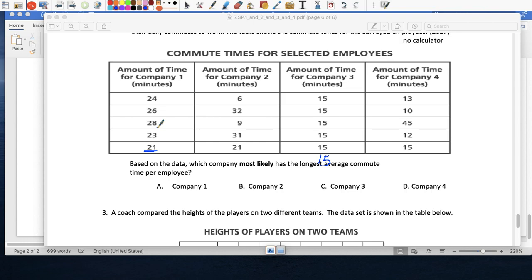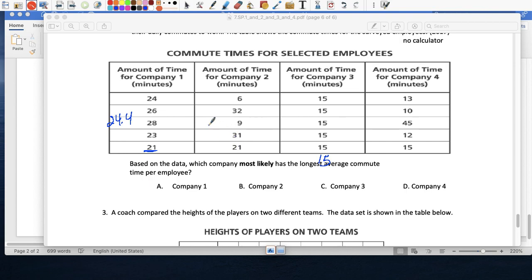Well, let's just add them, right? 24 plus 26 plus 28 plus 23 plus 21, enter, divided by 5. This is around 24.4. Next one, 6 plus 32 plus 9 plus 31 plus 21, enter, divided by 5.